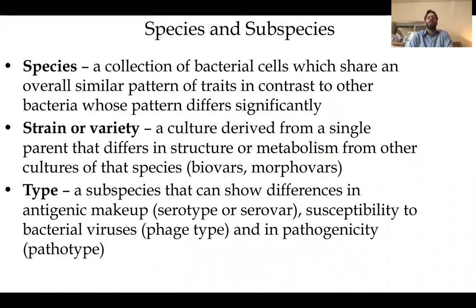Okay, going deeper into the classification system, we have species, subspecies, we have strain or variety, and then we have type, okay? So a species of bacteria is very similar to how we think of other species of other organisms, but it's the bacterial cells that are pretty much the same in terms of their traits and their patterns.